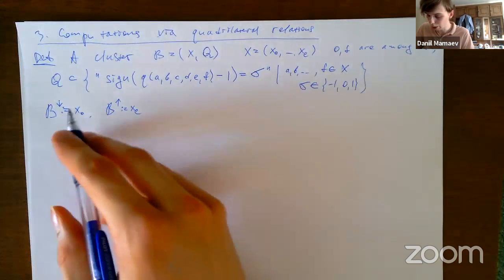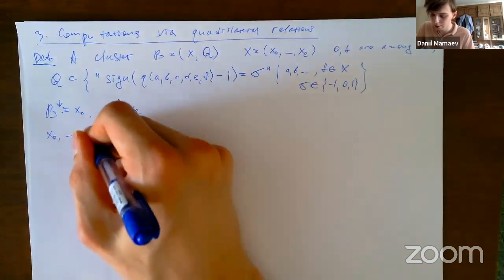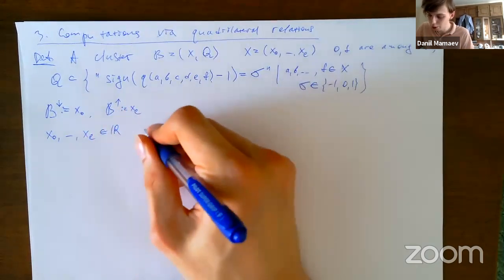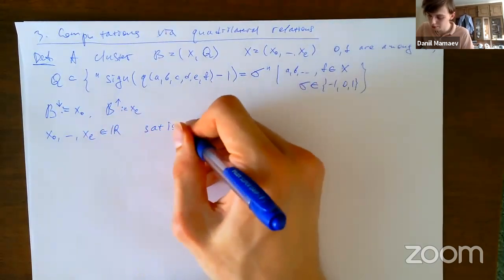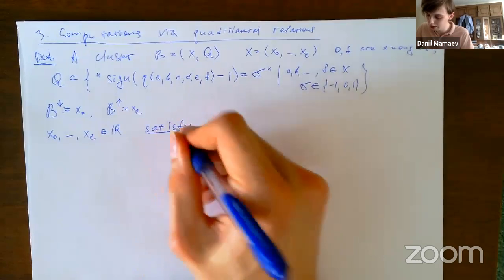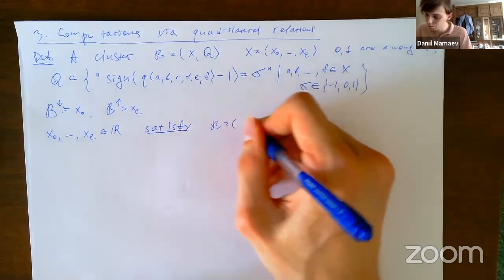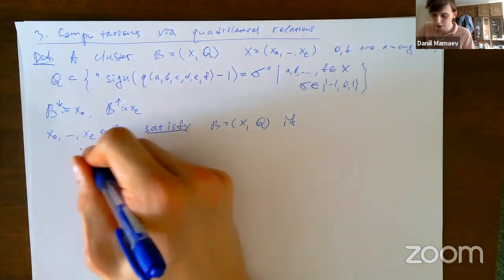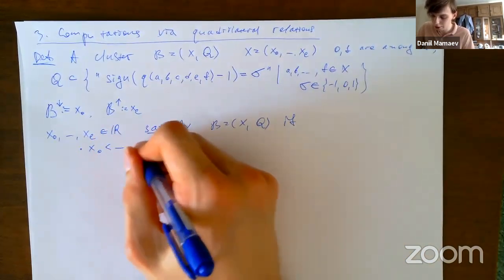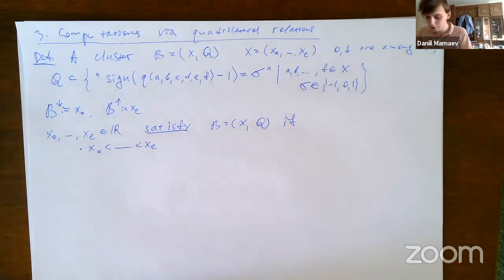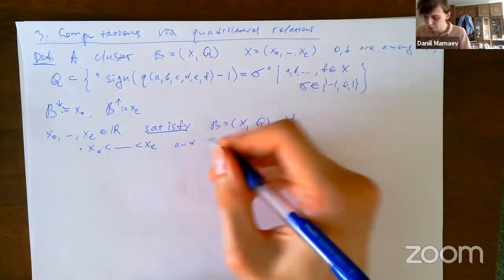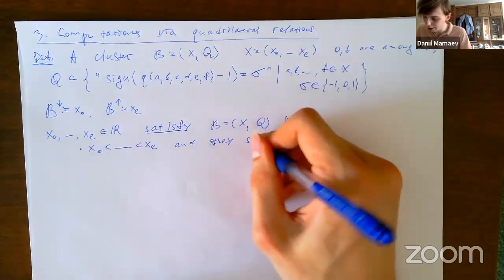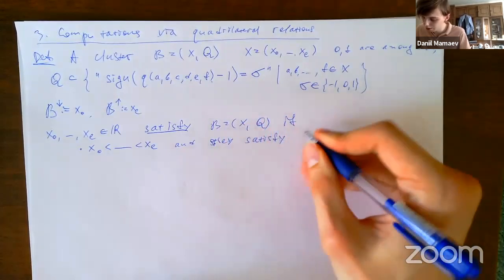For a given collection of real numbers, we say that they satisfy this cluster if, first, they are linearly ordered, and second, they satisfy Q.